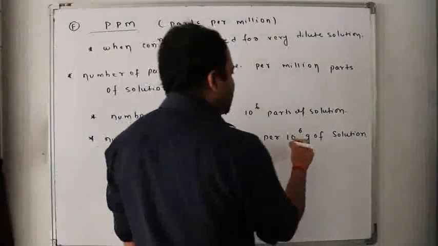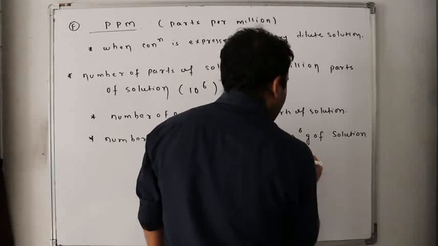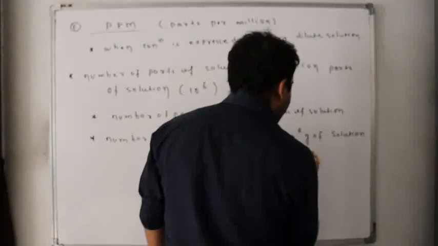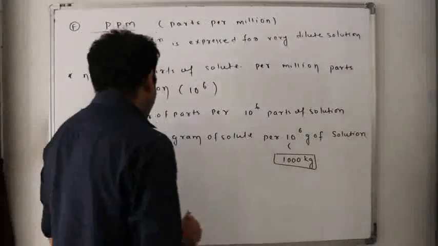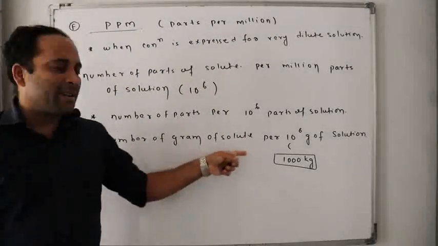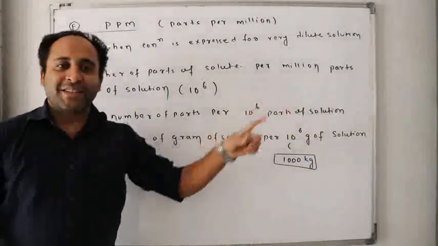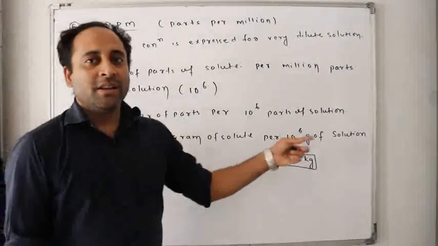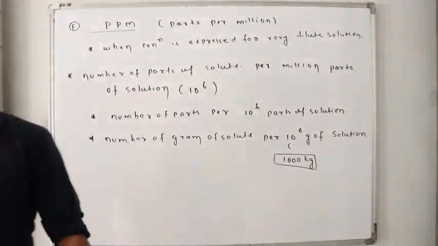Can you say how much is 10 to the 6 gram? Is it 1000 kg? Remember. Or I can say number of grams of solute present per 1000 kg of the solution. So can I write this in this manner?